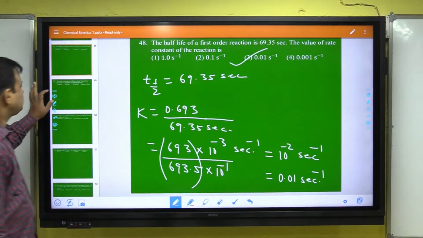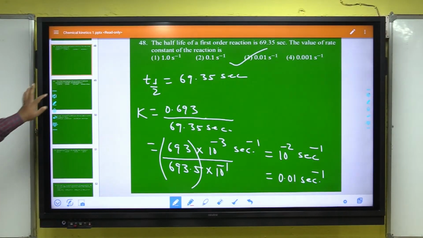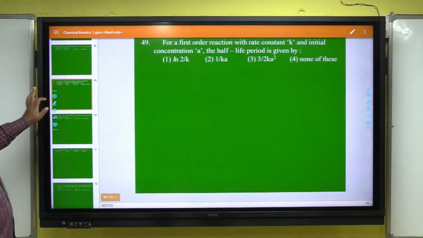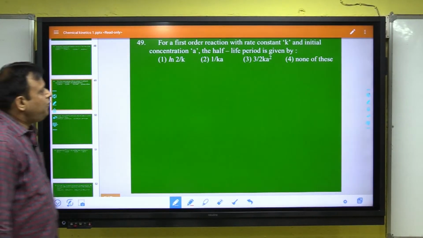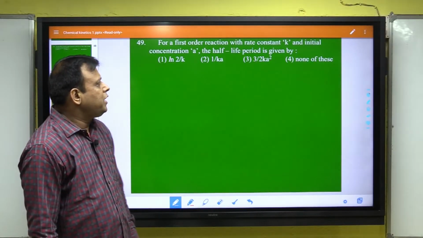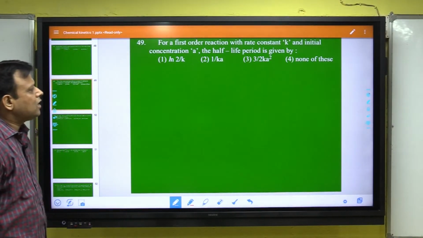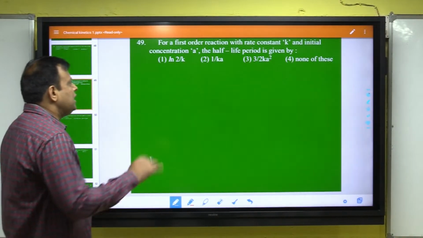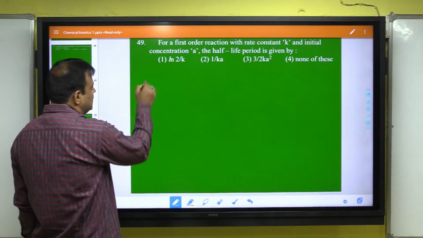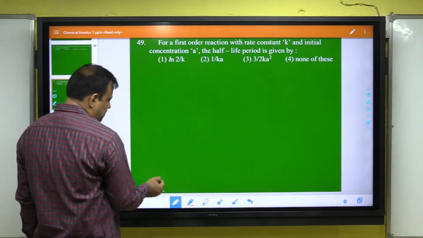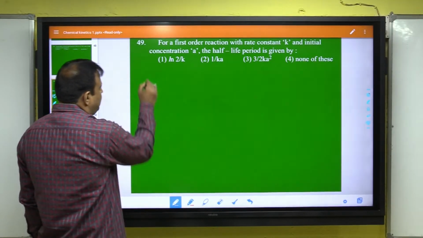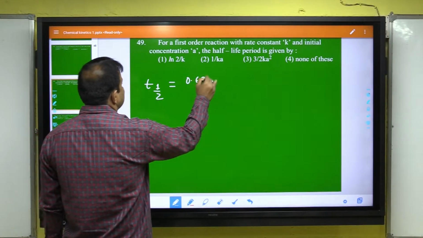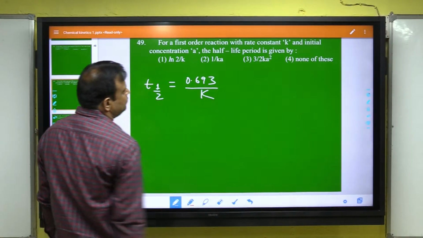Next, question number 49. The first order reaction with rate constant k and initial concentration a, the half-life period is given by, listen, in a first order reaction the half-life, discussed many times, is 0.693 by k.